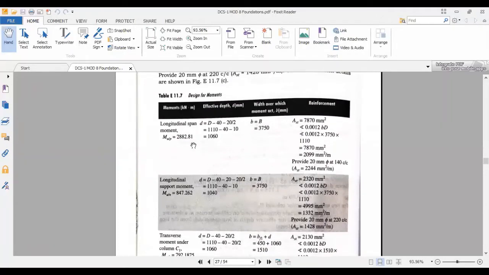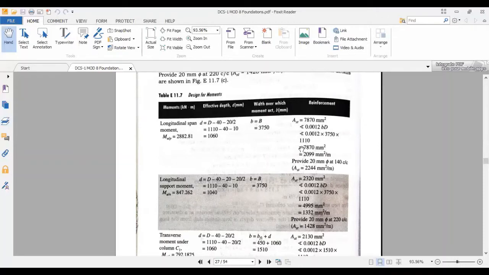For longitudinal span moment, which we found as 2882.81 in the previous session, it gives effective depth as D minus cover minus half of the dia of bar. So it gives 1060, and the value of B would be capital B, so it will be 3.75 meters, and AST will be 7870 mm square, which is not less than 0.0012 PD.